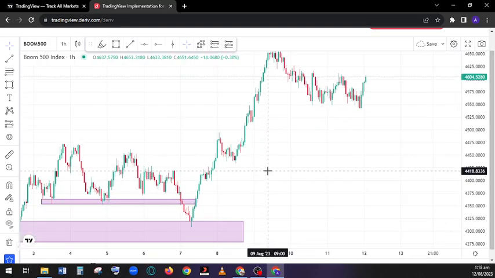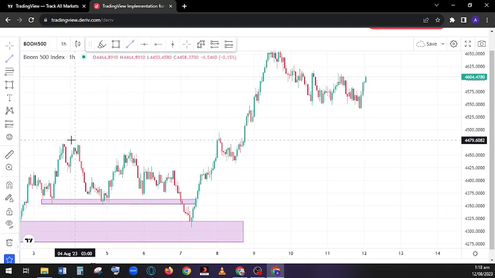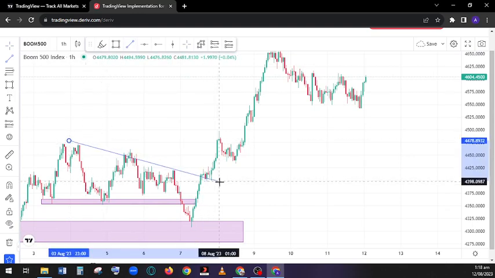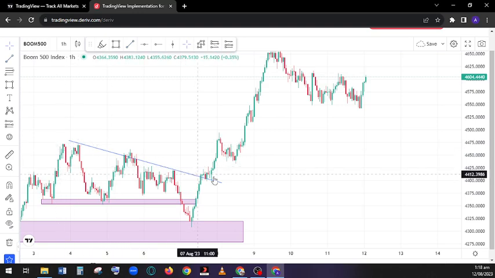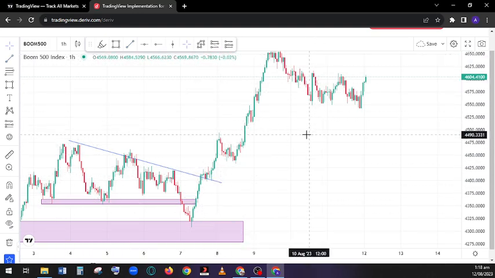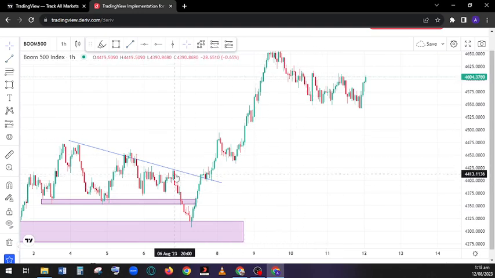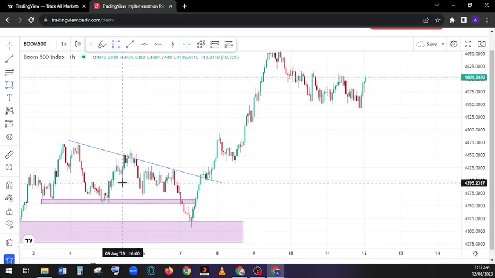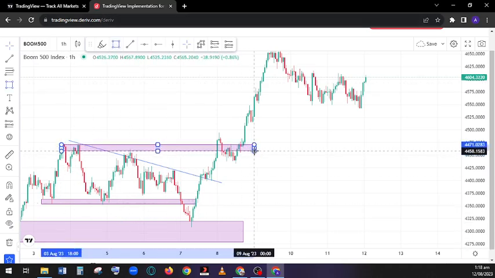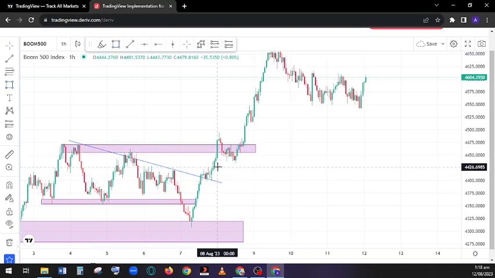And you can use the lower time frame entry strategy to make your entry. Okay, so here people will be looking at trend lines to sell from here, and then they'll be liquidated, and that will help you to move market above. Some people will also be trading their resistance levels over here.